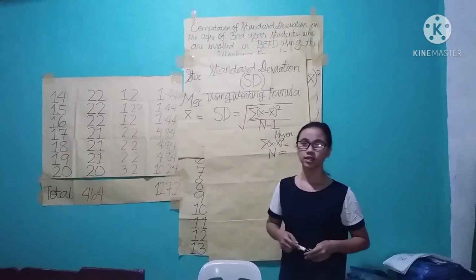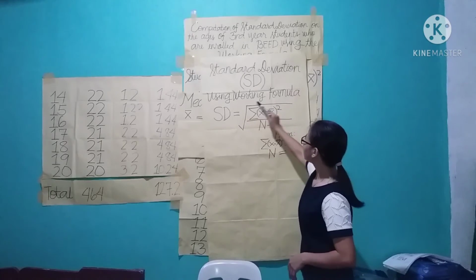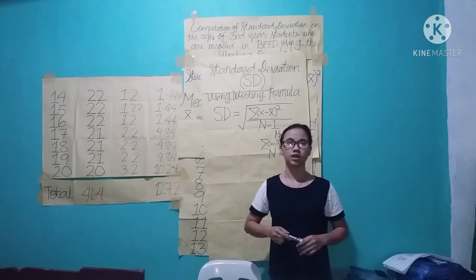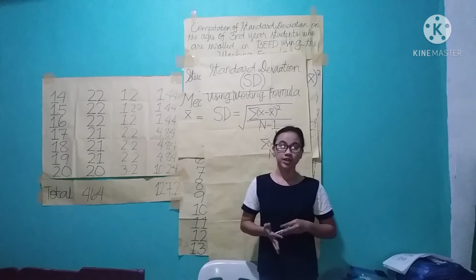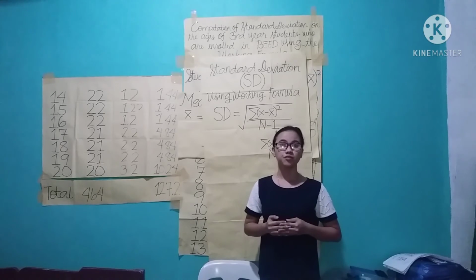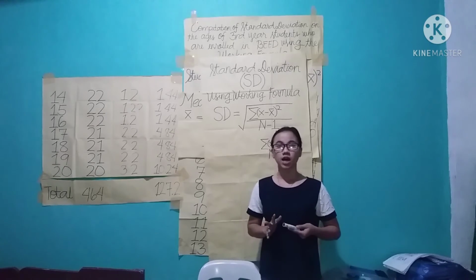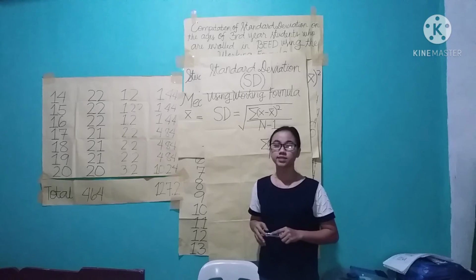Now let us proceed to the standard deviation using the working formula. Again, the standard deviation formula and its steps are almost the same as the variance, and it only differs in the square root sign.